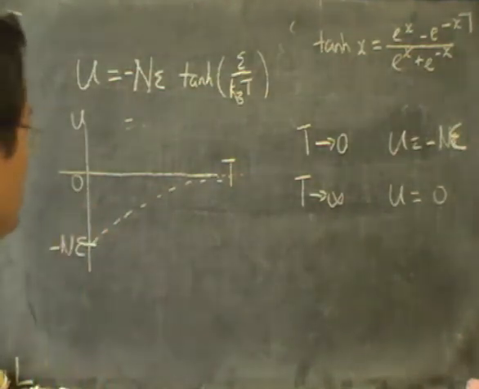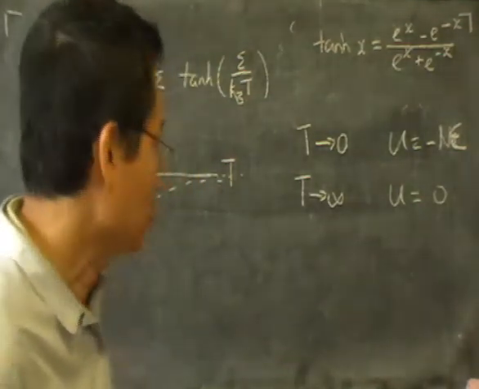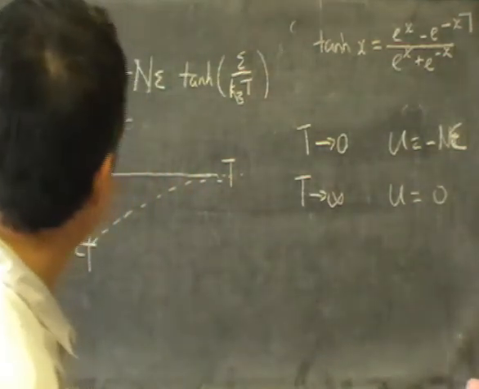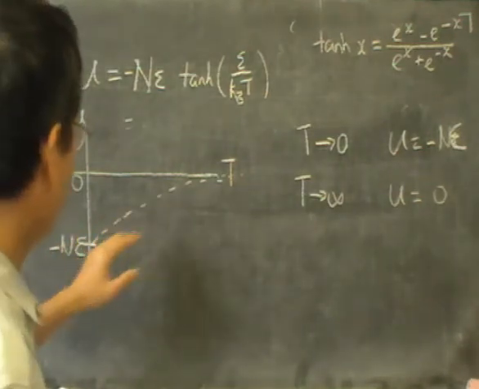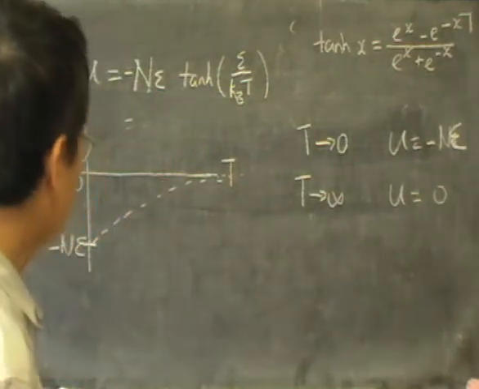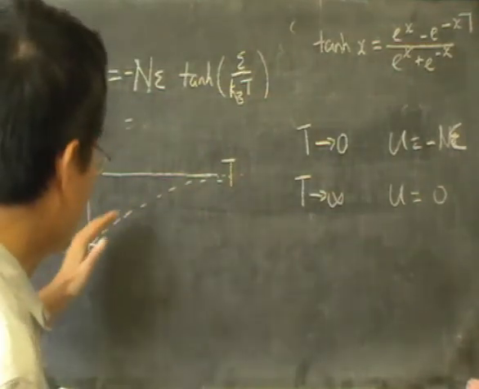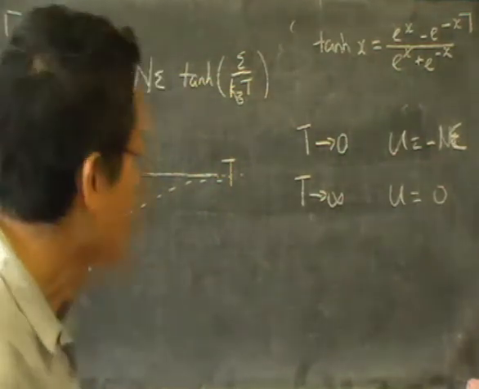But there's just one little detail which can be important, which is the gradient of the graph. It might go from there to there, but it might just not go in a direct curve. It might twist and turn a little bit.